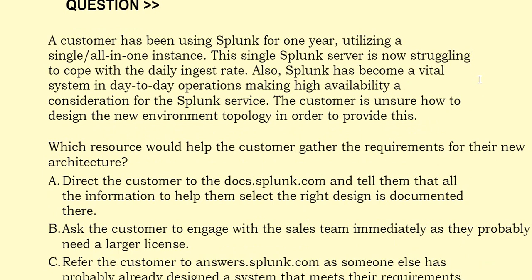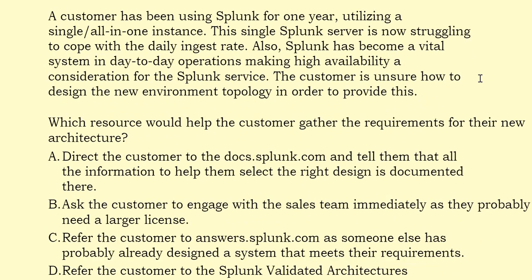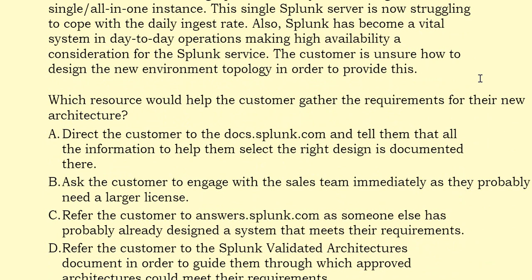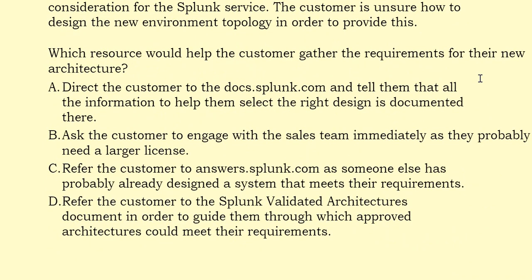Option A. Direct the customers to docs.splunk.com and tell them that all the information to help them select the right design is documented there. Option B. Ask the customer to engage with the sales team immediately as they probably need a larger license. Option C. Refer the customer to answers.splunk.com as someone else has probably already designed a system that meets their requirements.